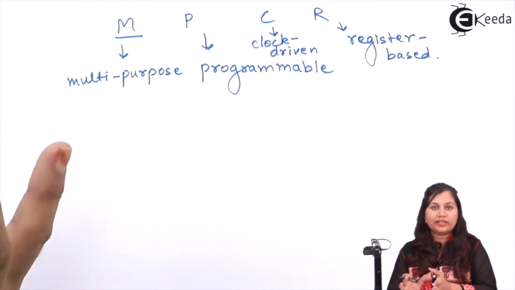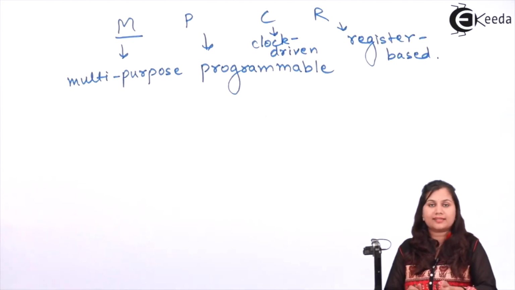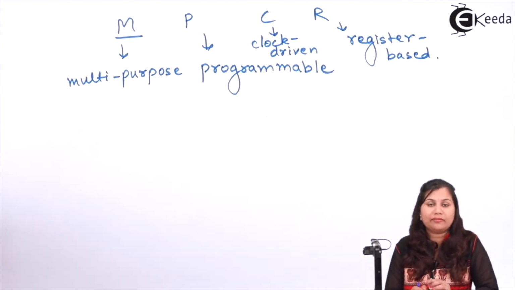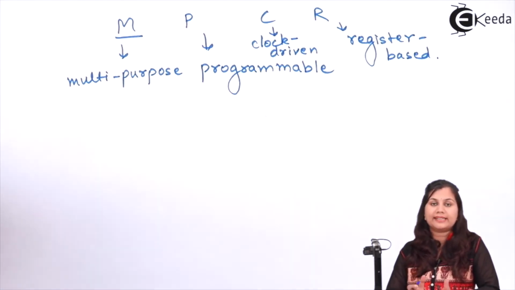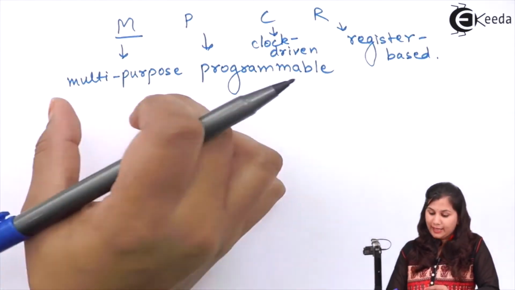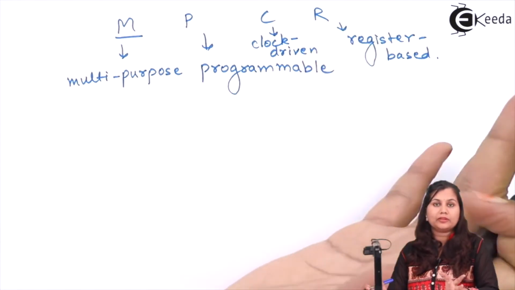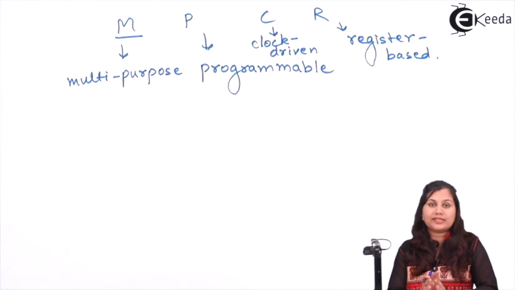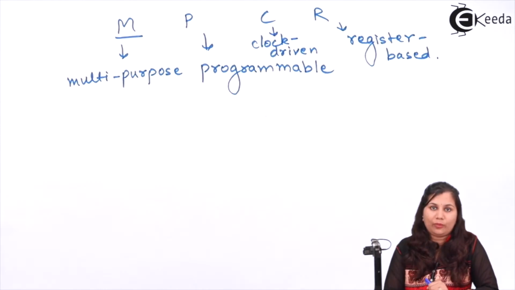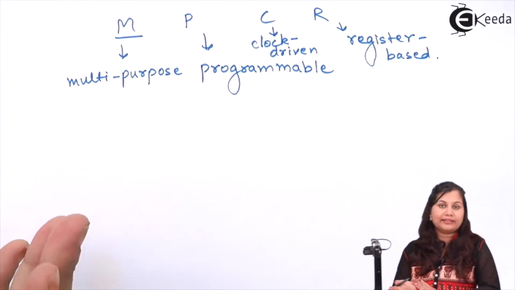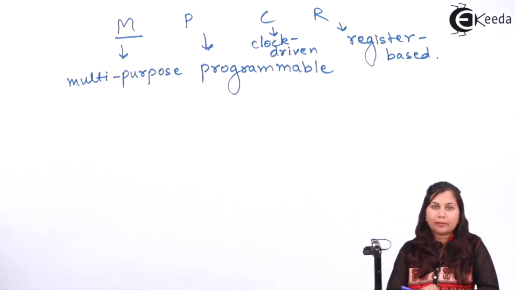So generally, if anyone asks us what a microprocessor is, we can define it in one line: the microprocessor is an electronic device, a multipurpose, programmable, clock driven and register based electronic device. And we can then define what these terms mean.